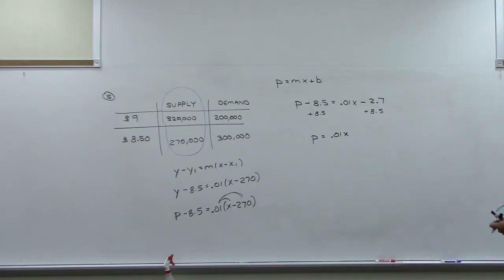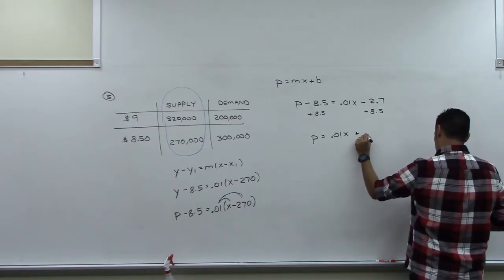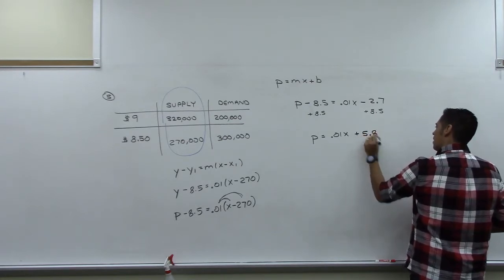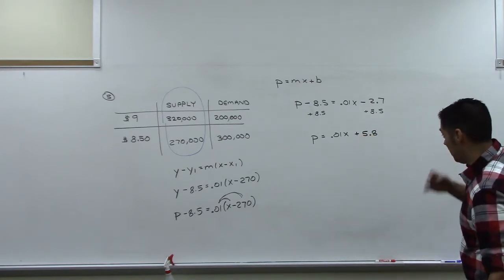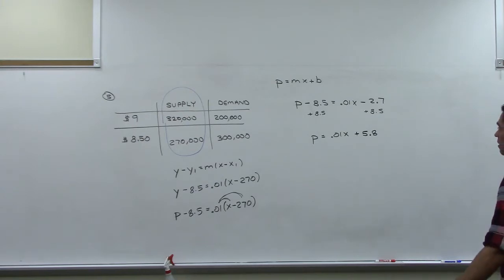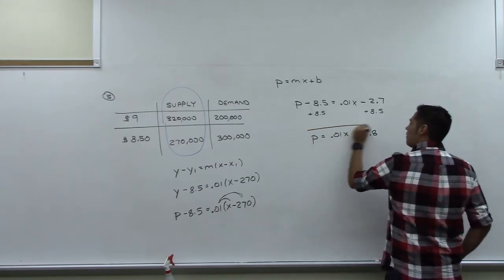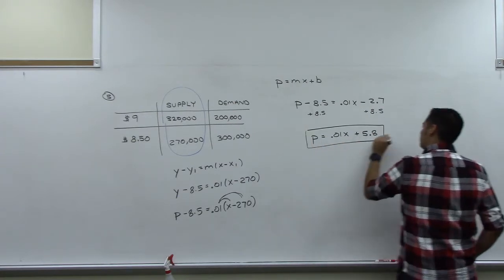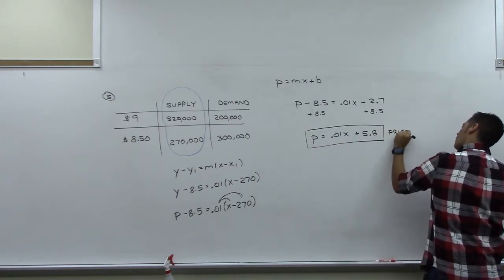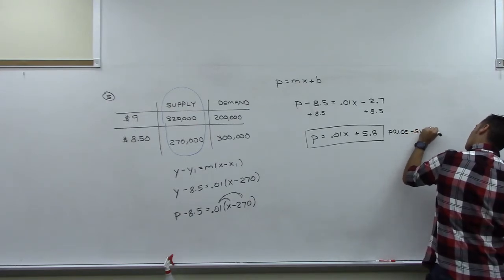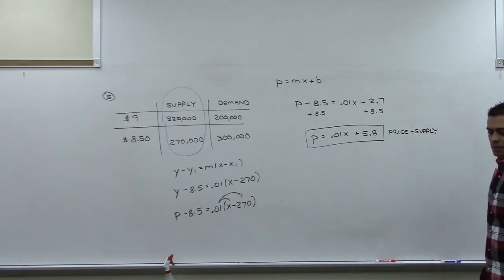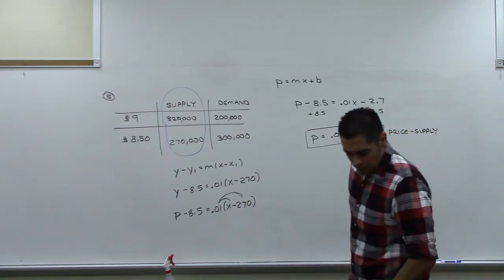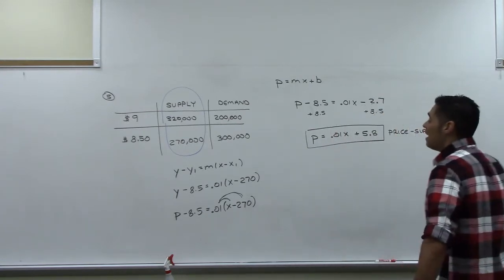It's 5.8. There we go. I just want to make sure I'm right on. I don't want to make a stupid mistake. Okay, so there we go. This is our price supply equation.